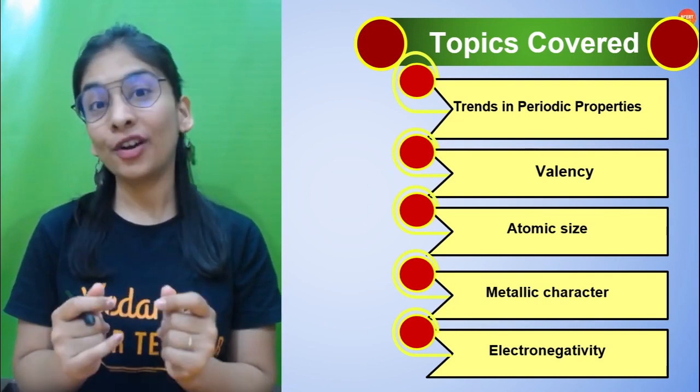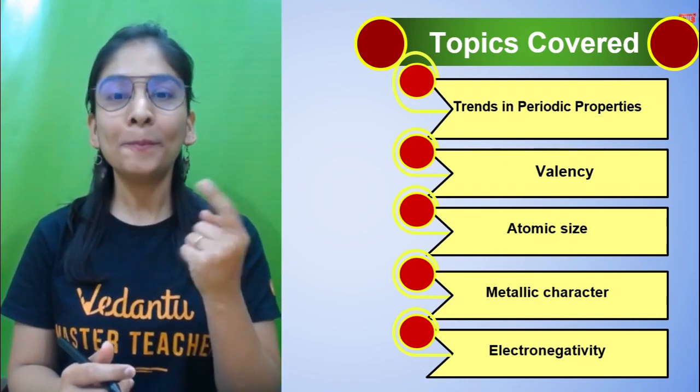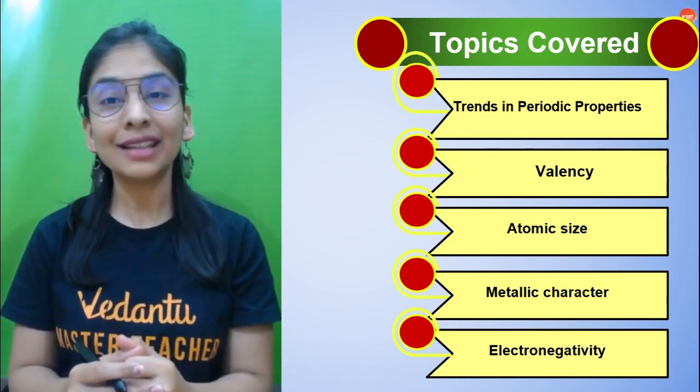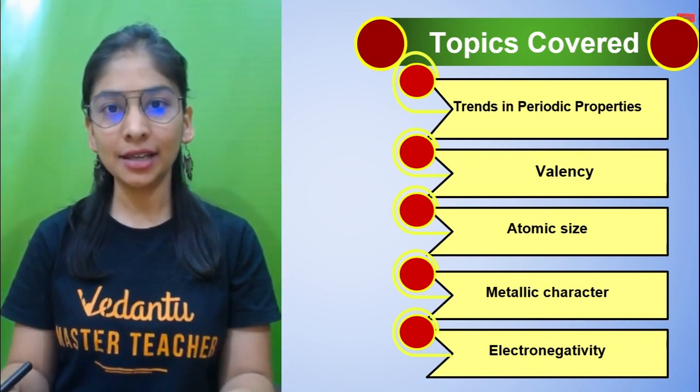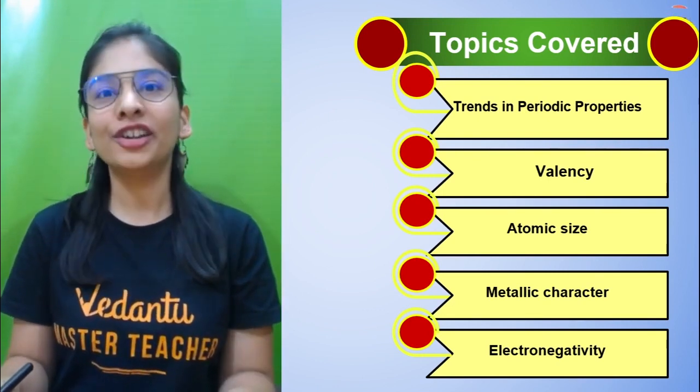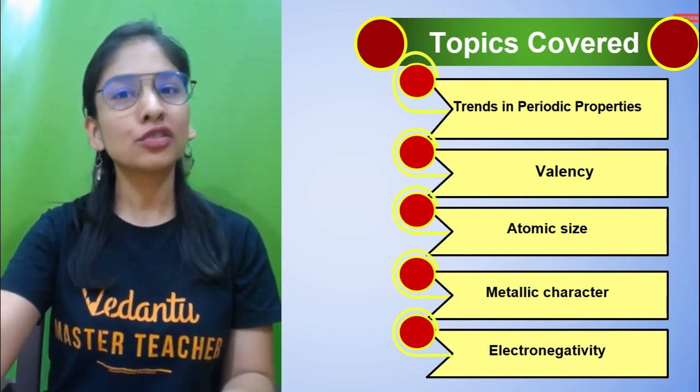Because anyway this is going to be super helpful for you guys. The topic will be the most important one, as you know, trends in the periodic table. We'll talk about valency, atomic size, metallic character and electronegativity according to your NCERT syllabus and the topics that can come into exams.